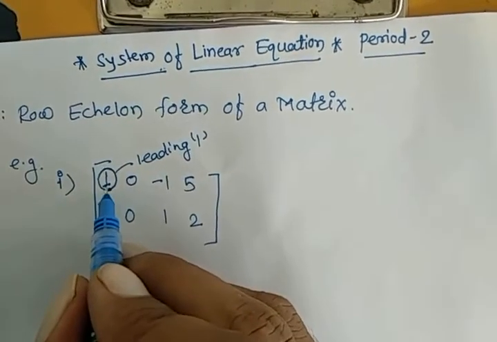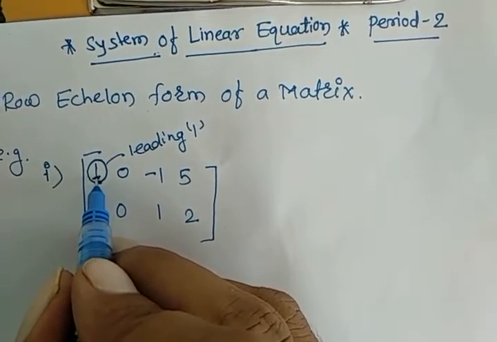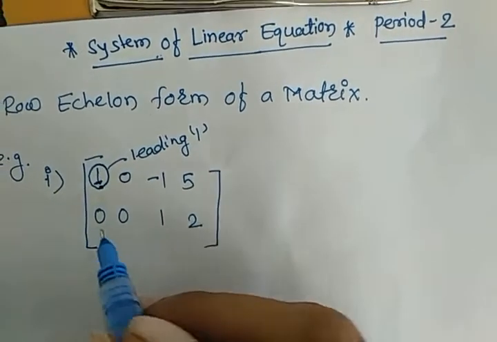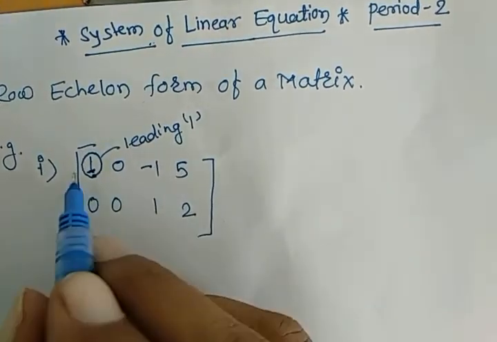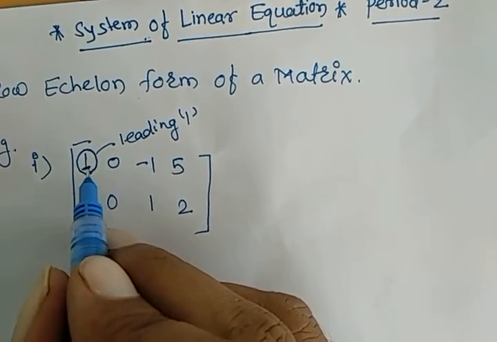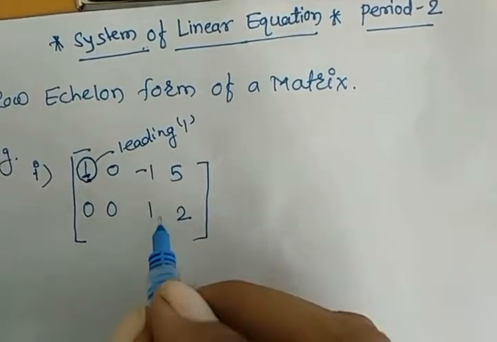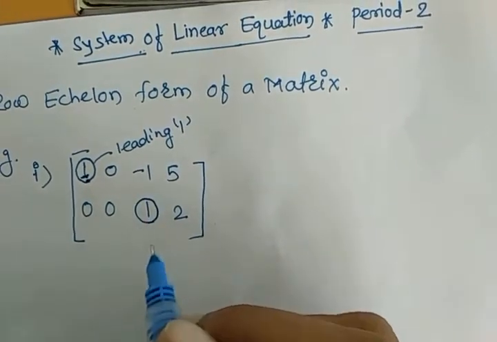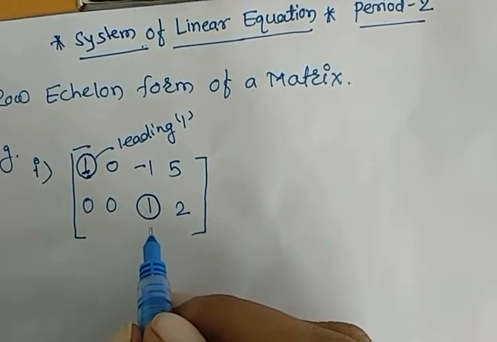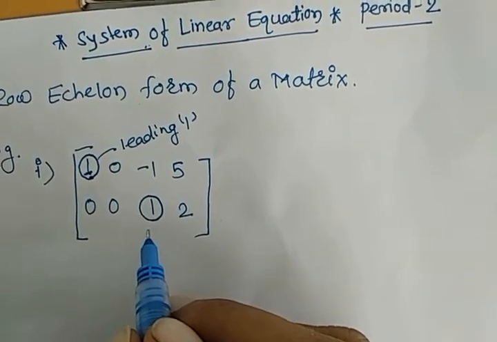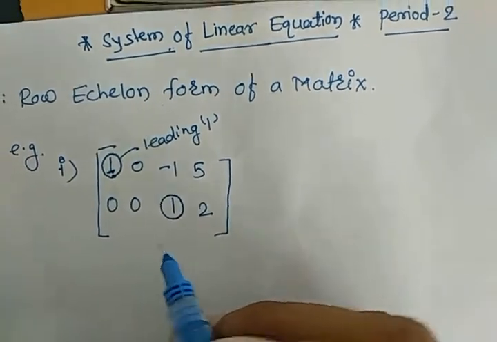Here, the leading 1 in the first row is at position A11. The leading 1 in the next row should be to the right of the leading 1 above it. So this one is also a leading 1, which occurs at position A23. Okay, this is an example of row echelon form.